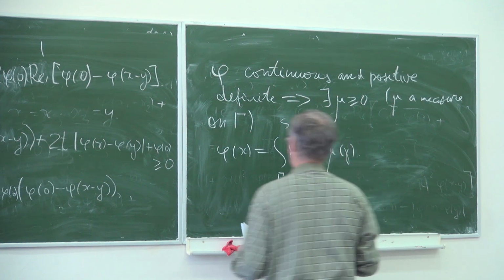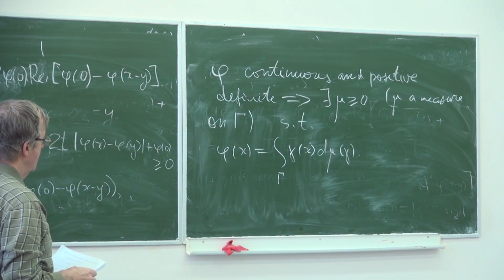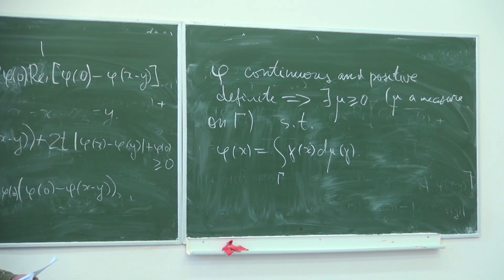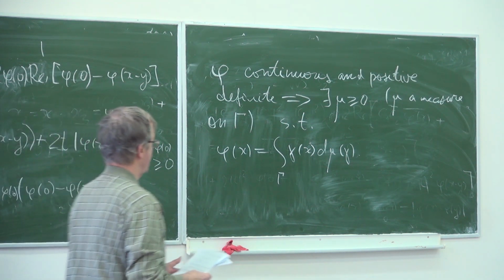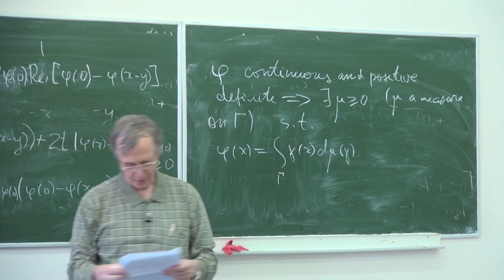This is what is called the inverse Fourier transform of the measure mu, inverse because there is no bar here.